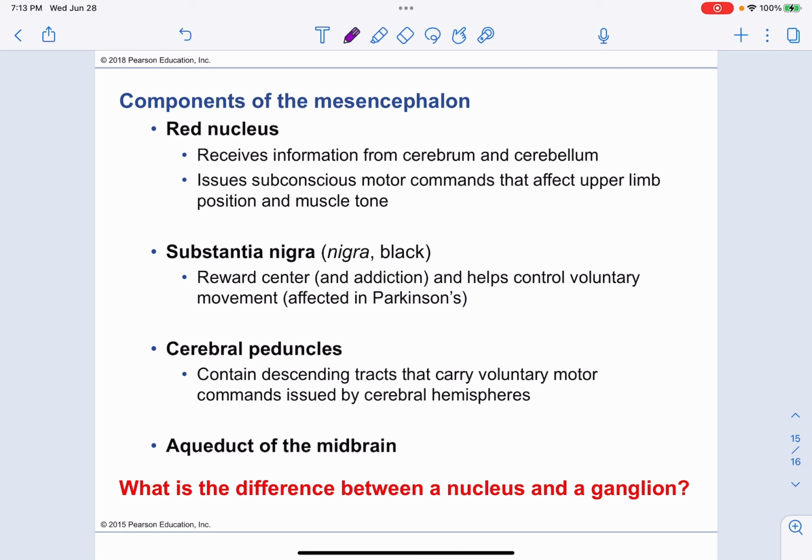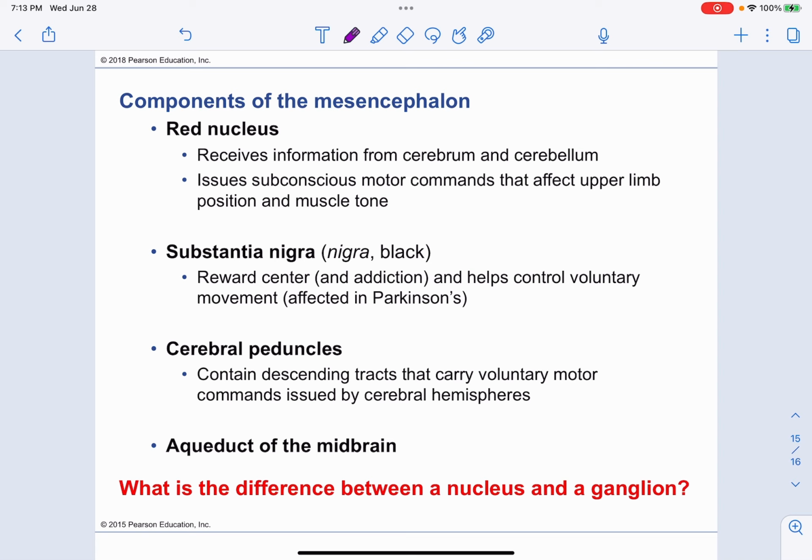This is an area that's receiving information predominantly from the cerebrum and the cerebellum. And it's issuing commands to the upper limbs, but it's doing so in a subconscious way. So we're not aware of it. We're not consciously thinking about it.